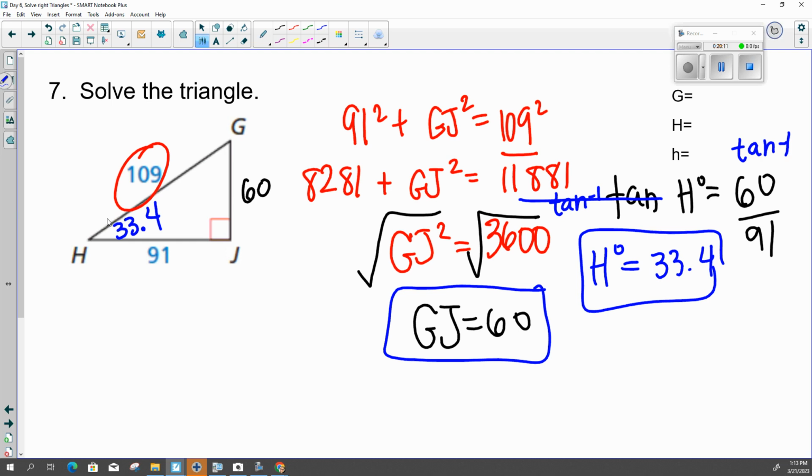Yes, do you remember when they add them together, what they have to be? Andrew, what do the three angles in the triangle have to add up to be? So it's going to be 33.4 plus 90 plus angle G will equal 180 degrees. So you do some subtraction.